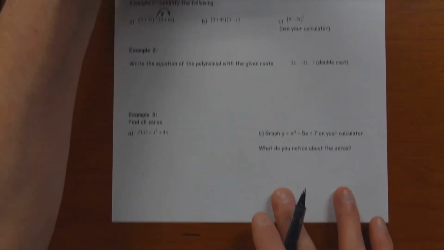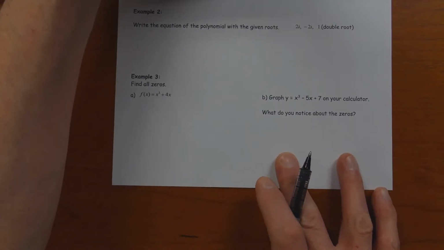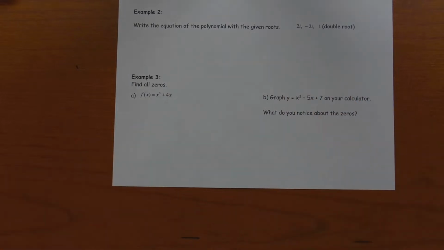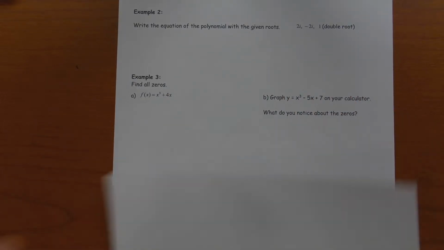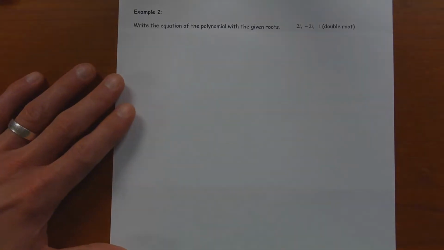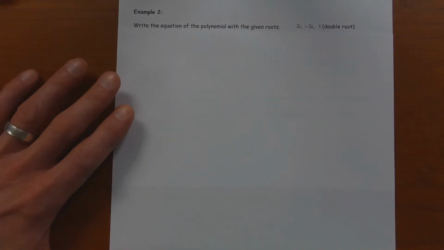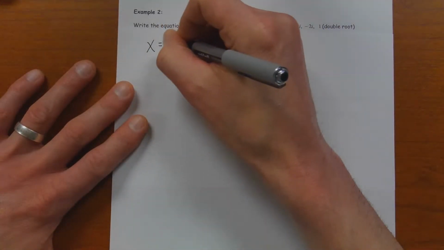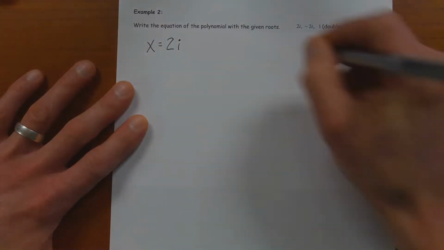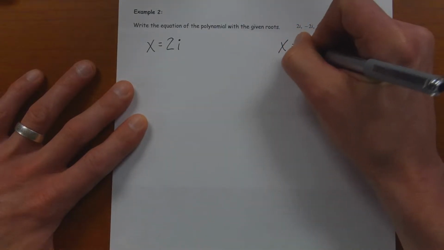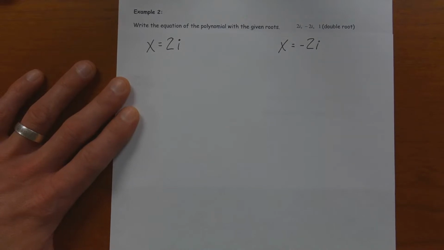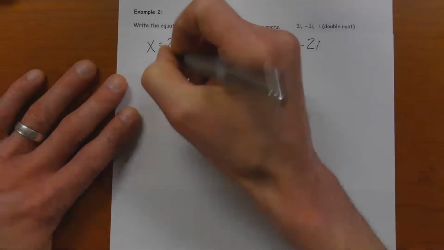Okay, write the equation of the polynomial with the given roots. 2i and negative 2i. So here's one way of doing them. These are roots, so we could say x equals 2i and x equals negative 2i. Now I'm going to set both of these equations equal to 0.